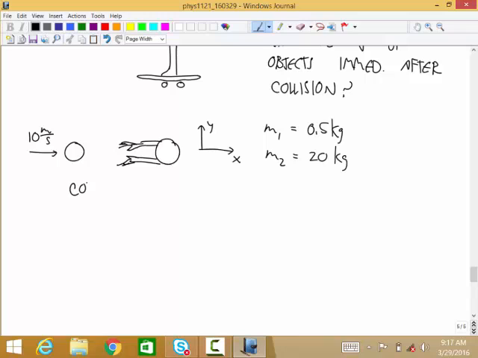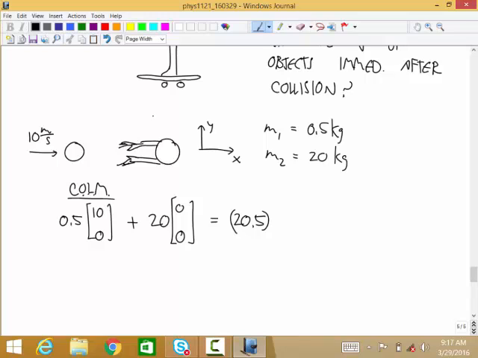Okay, so conservation of linear momentum says the mass of the ball times its velocity before the collision plus the mass of the kid times the kid's velocity before the collision is equal to the combined mass times, we're going to have to assume that all this motion is happening in the same line in order to solve it.